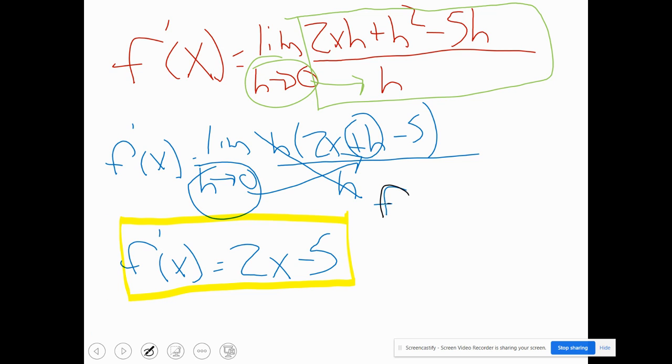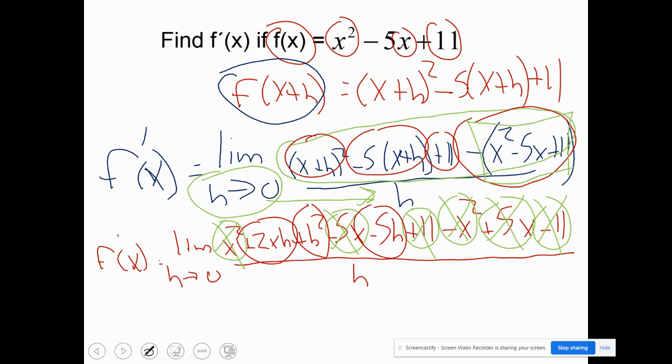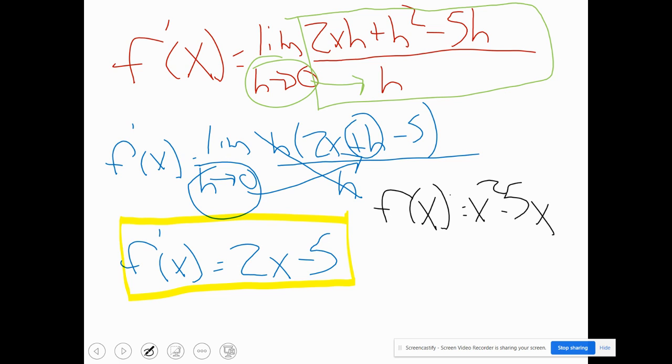All right, you've got f of x equals, that's not what I want. Let's do this a little cleaner. You've got f of x equals x squared minus 5x plus 11. This is a function that would tell you y values.